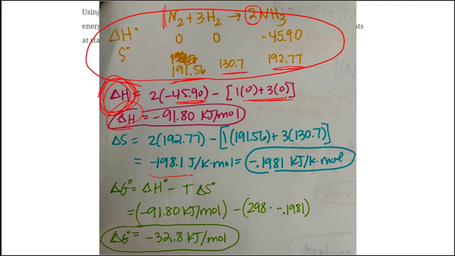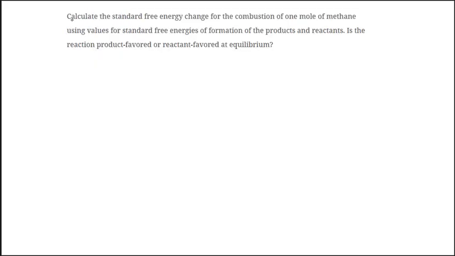Again, that's in joules. I made it into kilojoules, so negative 0.1981, and then plugged it into Gibbs's equation. I plugged in my H from up above, minus, I used my 298 Kelvin, times the entropy that I found. And I got a Gibbs's free energy of negative 32.8 kilojoules per mole. It is negative, telling me it is product favored.